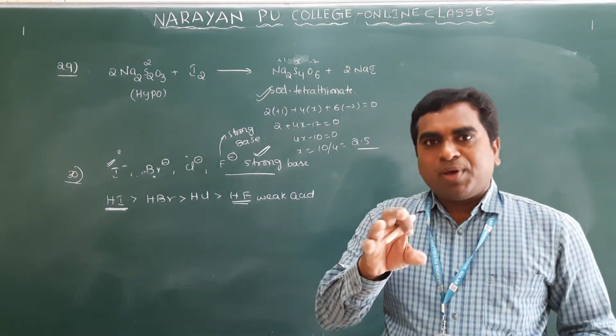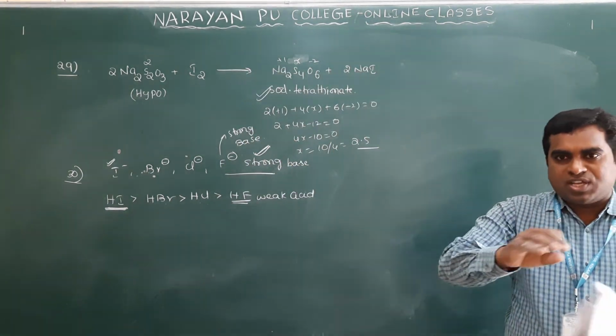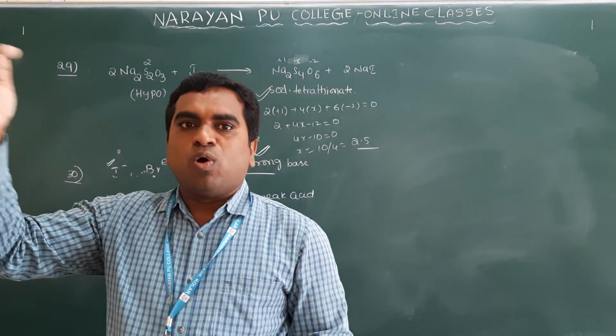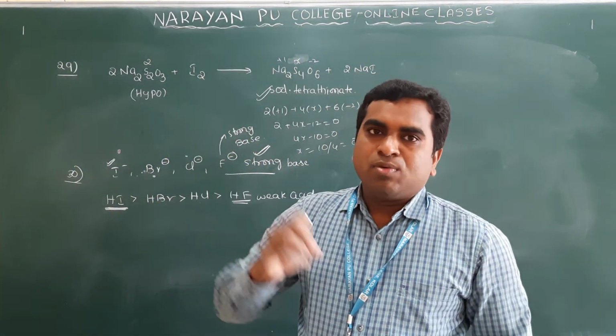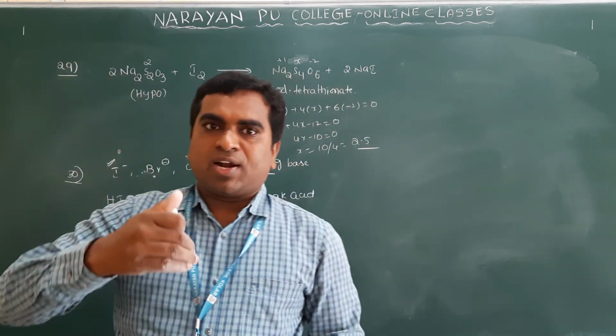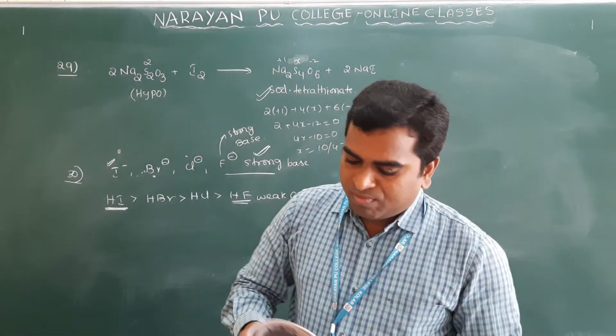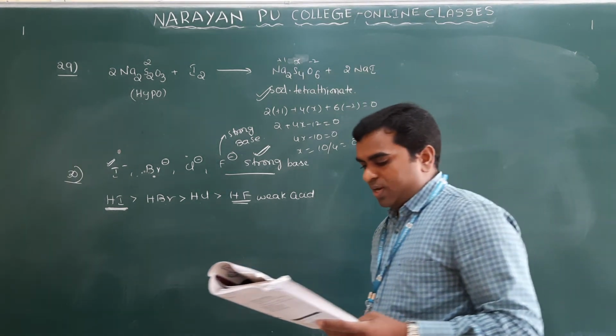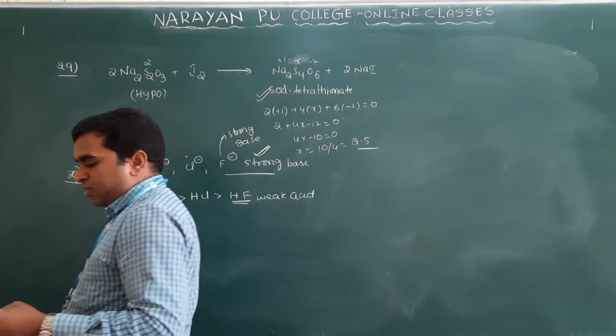Clear? There will be repulsions among the electrons in a small space, that is, small orbitals. So it won't allow the incoming electron, because more repulsion will be there if the incoming electron enters. So which one will have the highest electron gain enthalpy or electron affinity? Chlorine. So for 32, option 2 is the correct one.